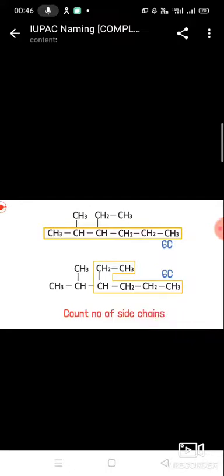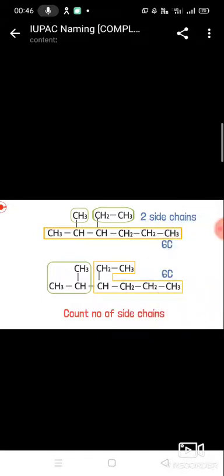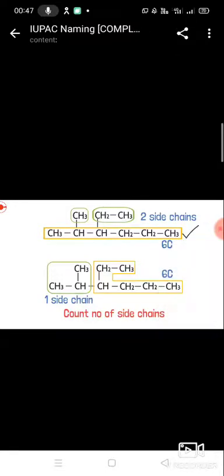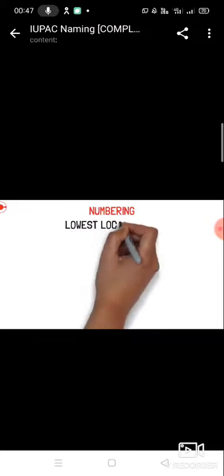So count the number of side chains also, and you can assume that is a bending structure, so you can stretch it and count the number of carbons. So two chains will be there, one side chain and another second side chain. So the 6 carbon atoms present in a straight line, you have to give the number.